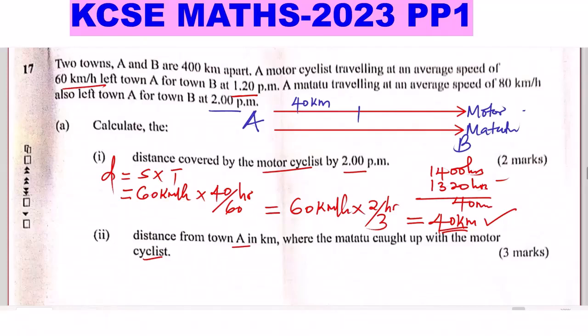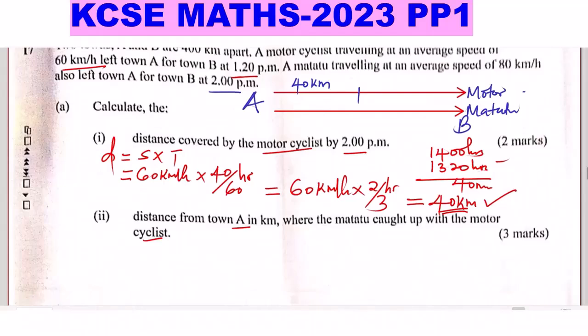That is the first thing we need to understand: the relative distance, the distance between the motorcyclist and the matatu by 2 p.m., is 40 kilometers.